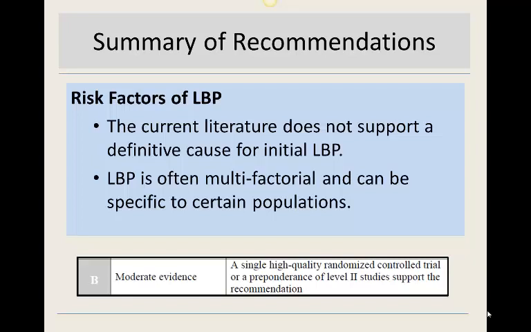The current literature and the panel did not find a specific definitive cause for the initial onset of low back pain. What they found is that low back pain is often multifactorial, and it can be specific to certain populations. This is based on B moderate evidence.